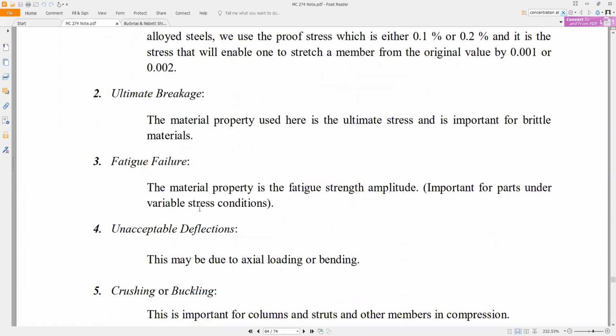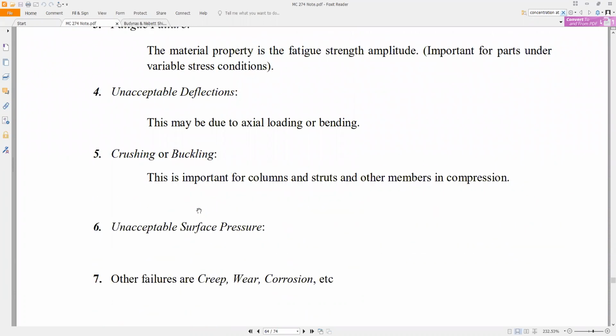Then we have unacceptable deflections. Deflections may also occur in the member, but we may not want deflection to occur because that may change the operation of the machine.